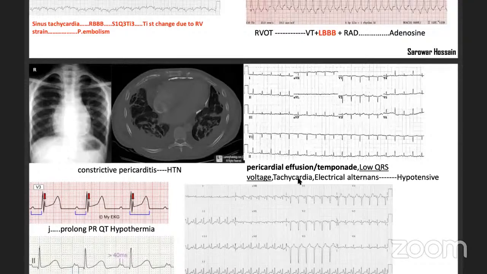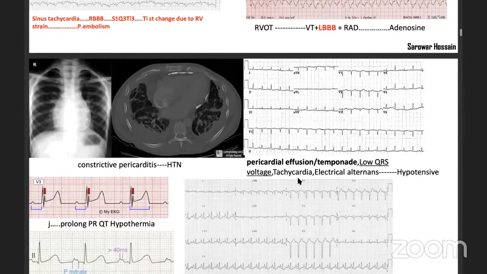Okay. Then the next one, I think, is electrical alternans. It can be LVF, it can be tamponade. Alternate beats with high voltage and low voltage. Okay, electrical alternans. If a patient has a classical Kussmaul sign, what is the triad of pericardial effusion?